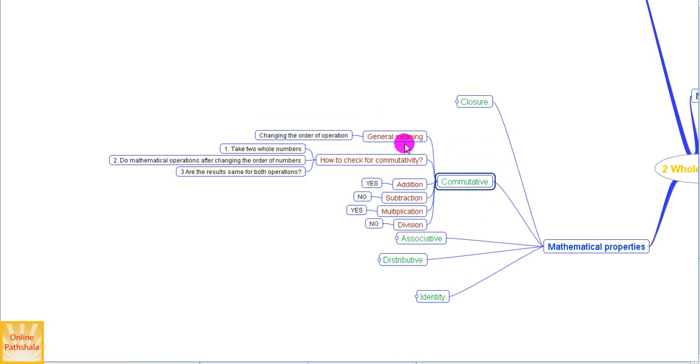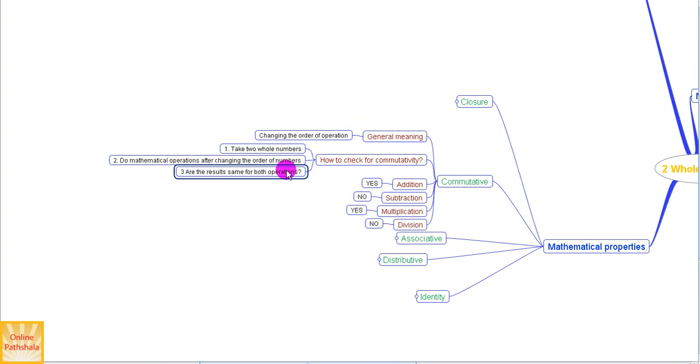Then commutative property. The general meaning of commutative property implies changing the order of operation. How do we check for commutativity? You take 2 whole numbers, do mathematical operations with the original pair of numbers, then you do the operations after changing the order of the numbers, and then check if the results are same for both.